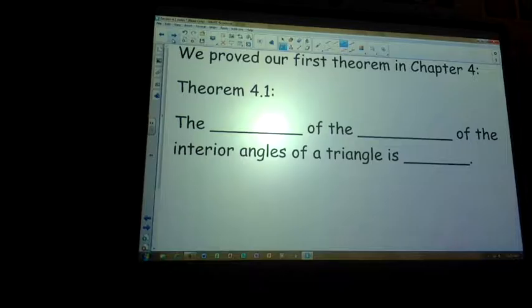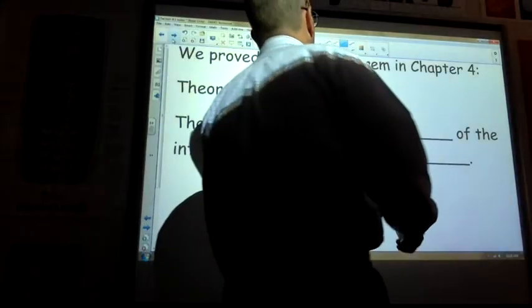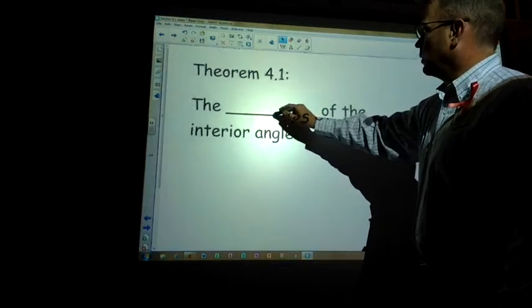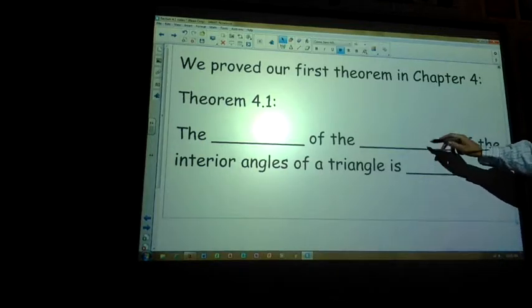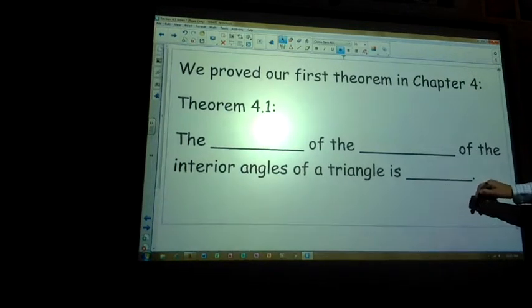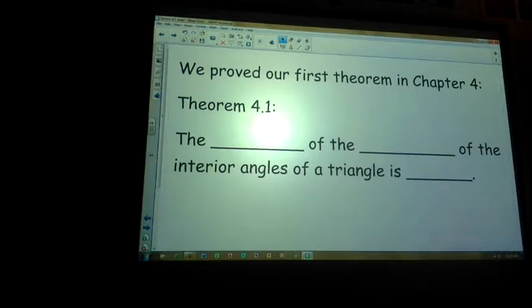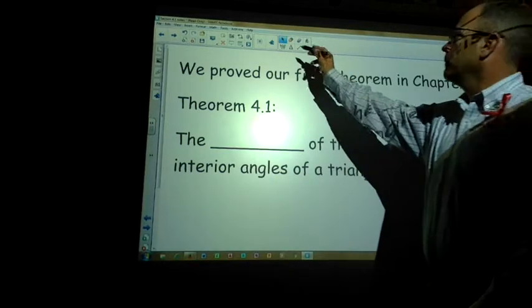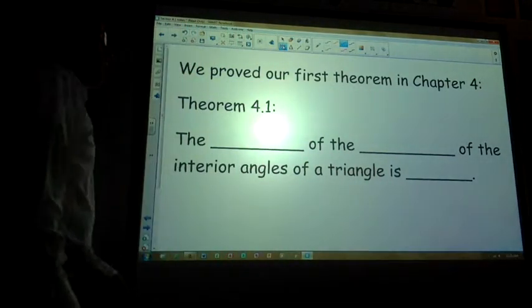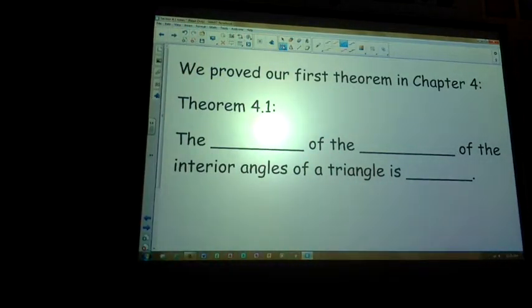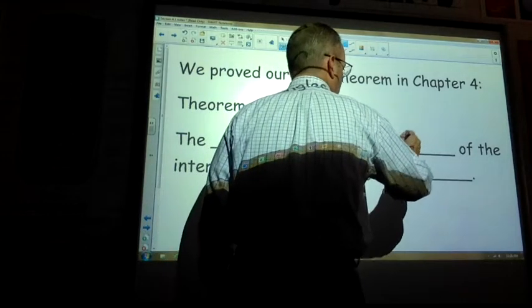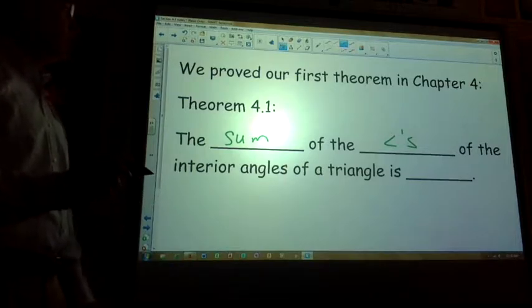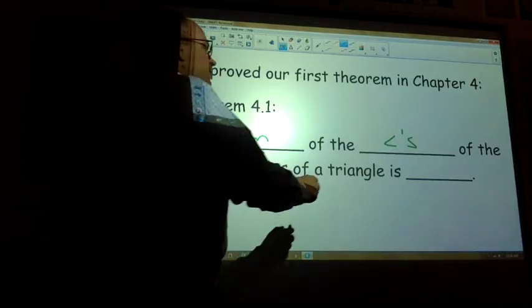The blank of the interior angles of a triangle is blank. Where are my words? Where are my boxes? The blank of the interior angles of a triangle is the sum of the measures.